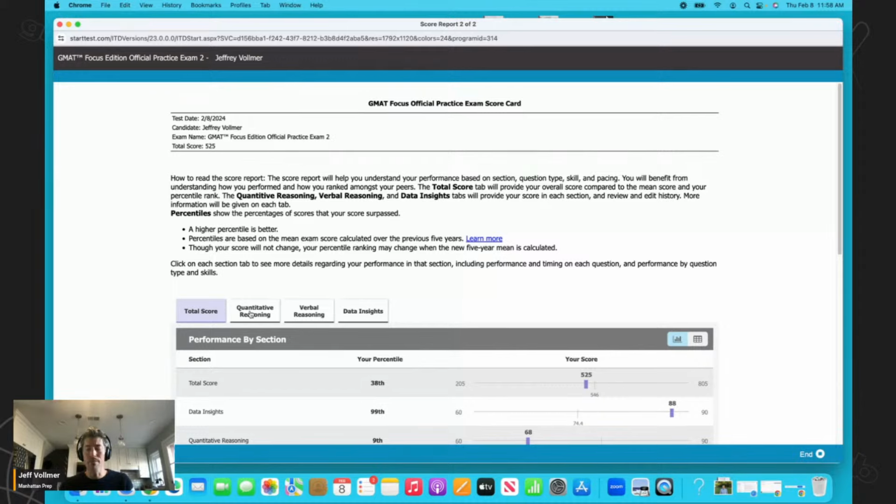I guessed A on everything. How you do on the quant section is not supposed to dictate how the next section begins. It's a clean slate. You could get everything wrong on quant, and on verbal they don't even remember what you got, so they're not going to start you with really easy verbal questions if you do poorly, and they're not going to start you with really hard questions on verbal if you crush the quant section. It doesn't work like that.